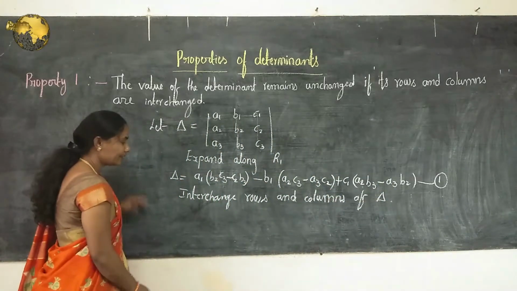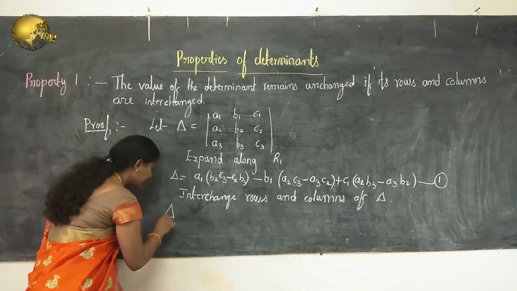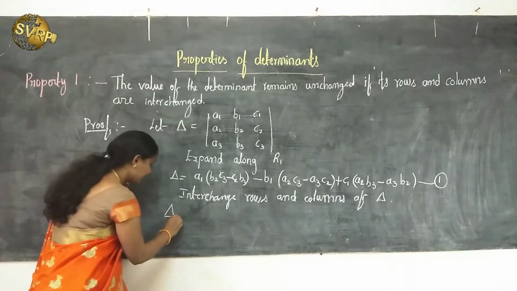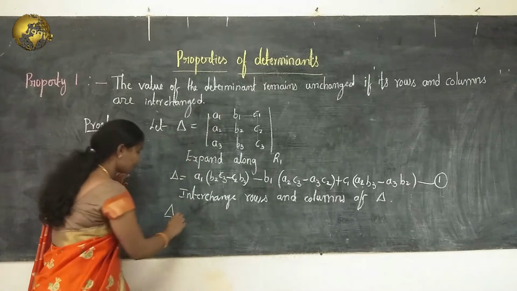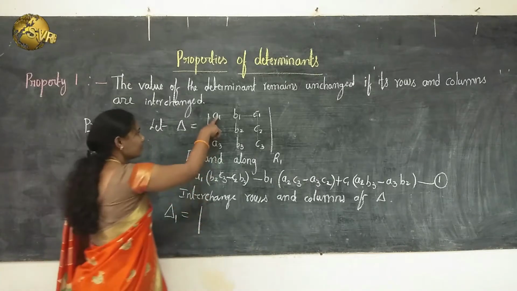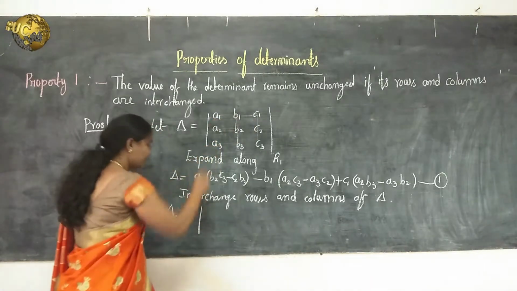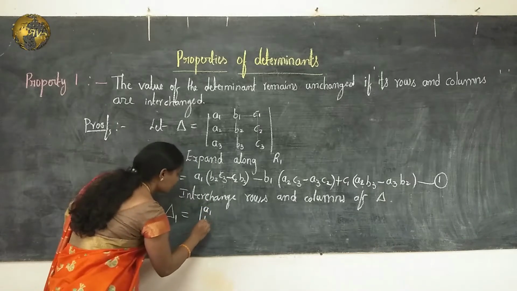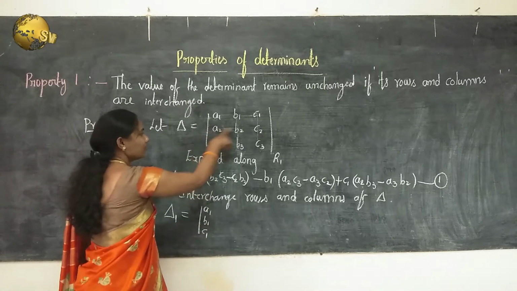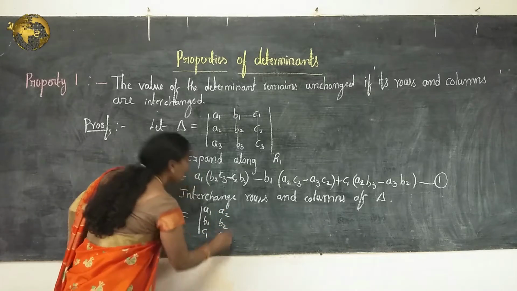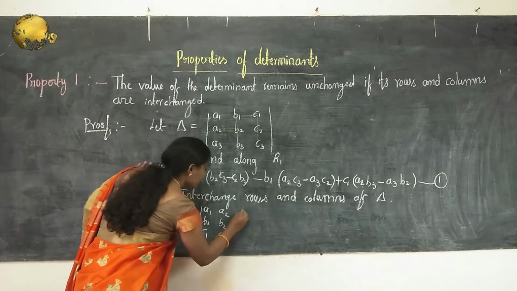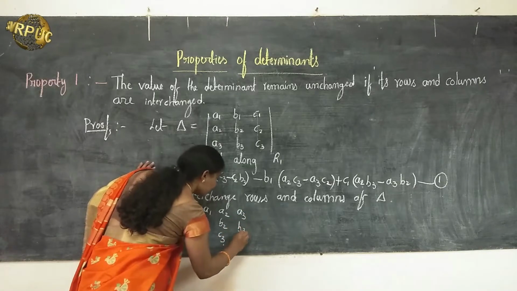We can call that delta 1. If I change rows into columns and columns into rows, the first row becomes the first column: A1, B1, C1. The second row becomes the second column: A2, B2, C2. And the third row becomes the third column: A3, B3, C3.